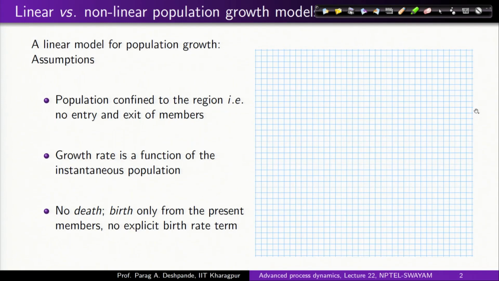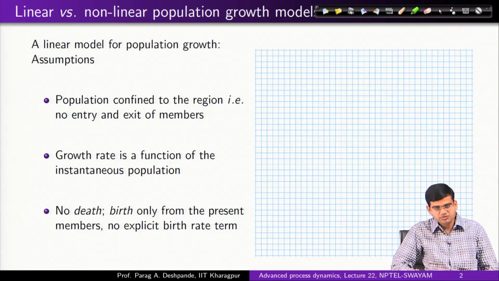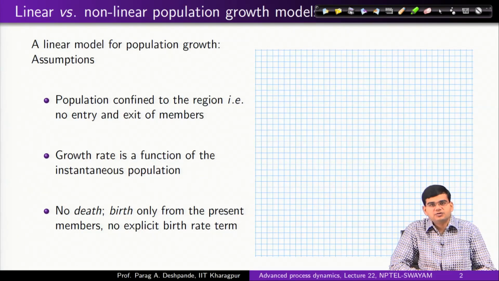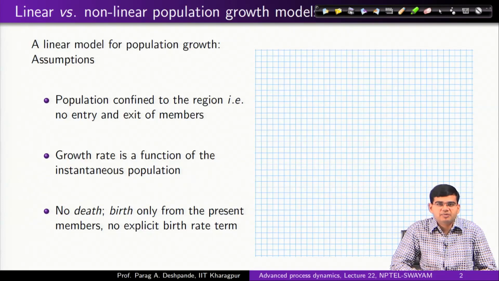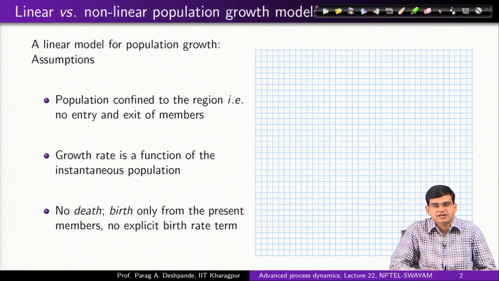But before we come to the logistic growth model, let us first look into certain conditions under which we can develop a linear model for population growth. So, we are trying to understand the growth of a biological species. The biological species can be bacteria in a culture, for example, or the population of deer in a forest.